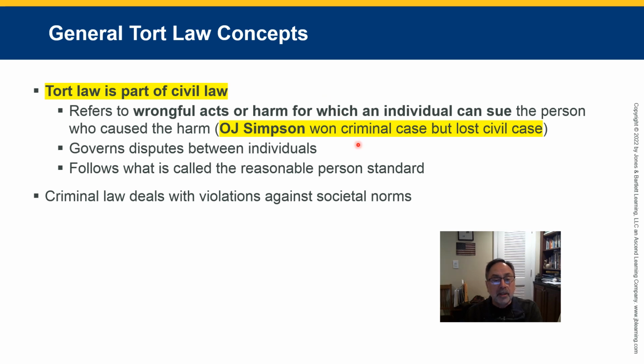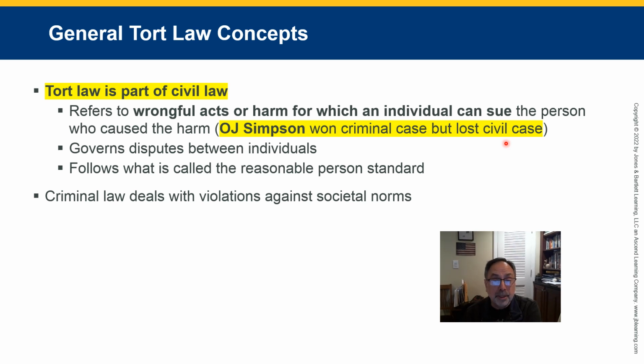Simpson. He won the criminal case, and he was acquitted of the murder in a criminal trial and did not go to jail. He was prosecuted, but he was not convicted. But he lost a civil case from the families that sued for loss of income and loss of their family members, and had to pay very costly damages to the families of these two individuals.